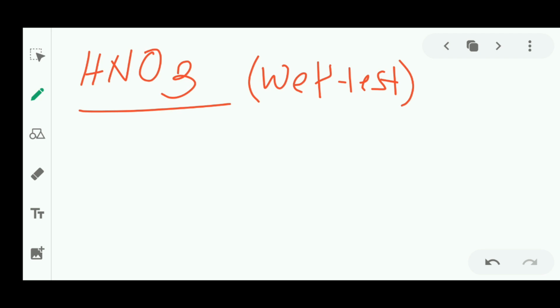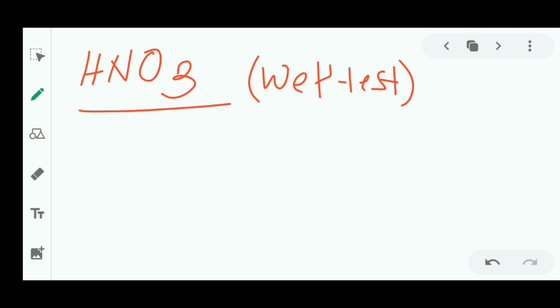Now you need to take concentrated sulfuric acid in another test tube, then pour the concentrated sulfuric acid into the liquid in a certain manner. What is that manner?